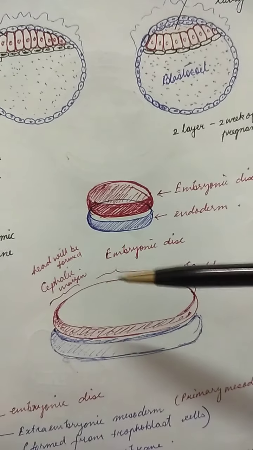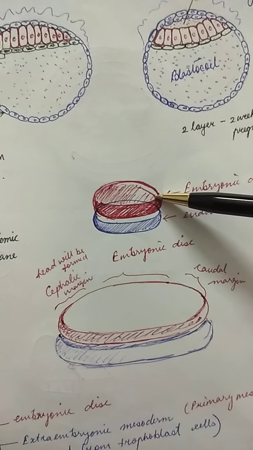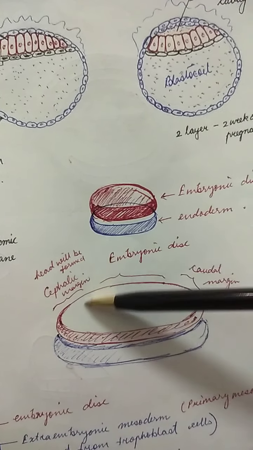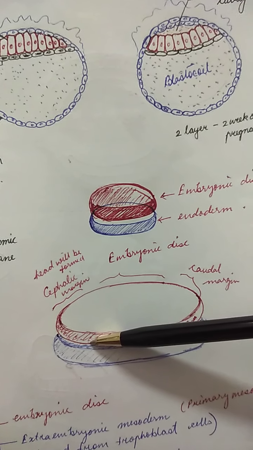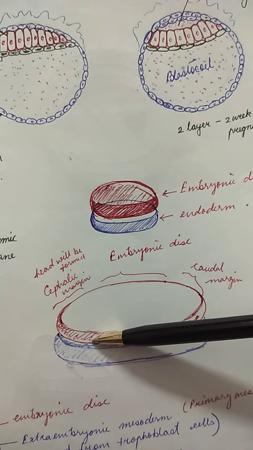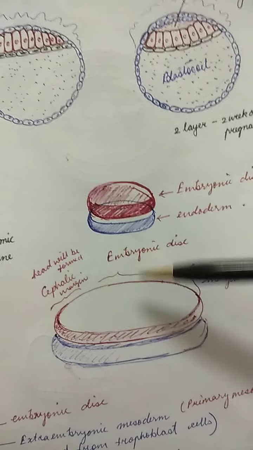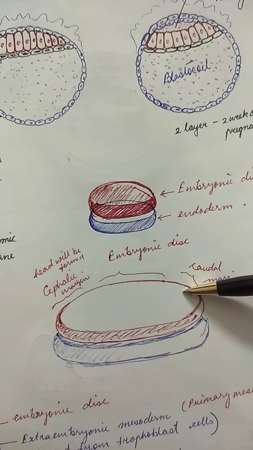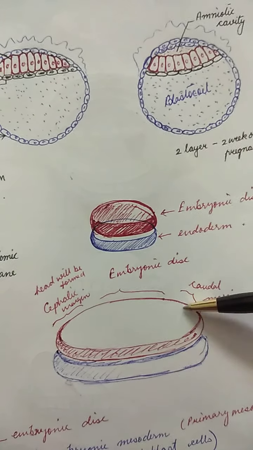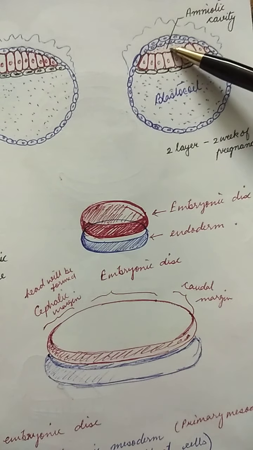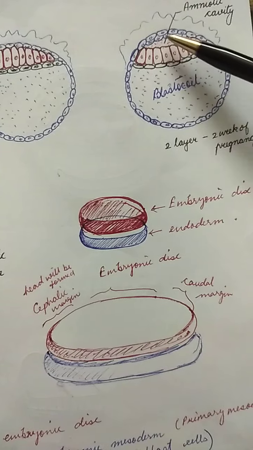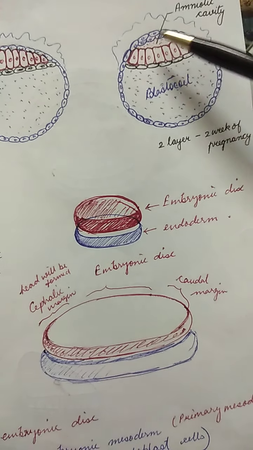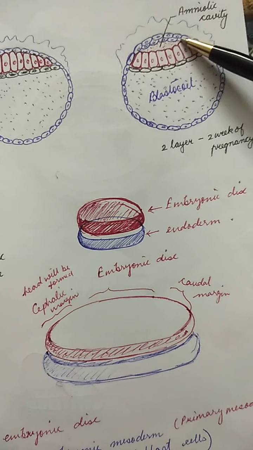Now, the embryonic disc is divided into three parts. This part is known as cephalic margin, which gives rise to the head, the embryonic disc, and the caudal margin. Next, a space is formed in between the ectoderm or epiblast and the trophoblast.